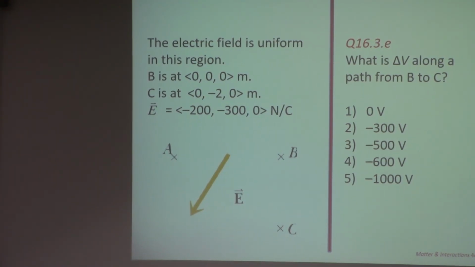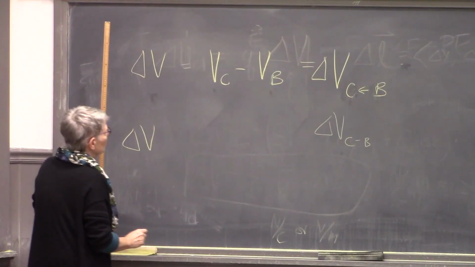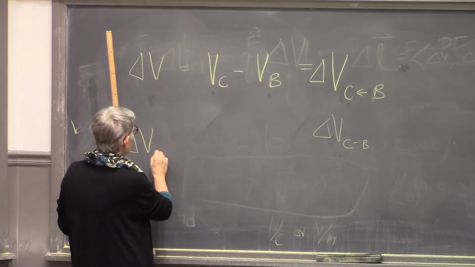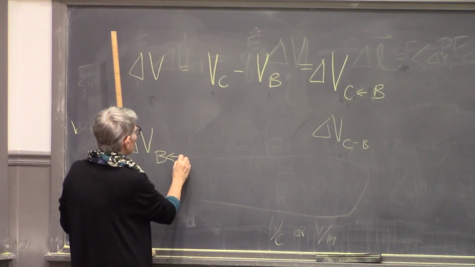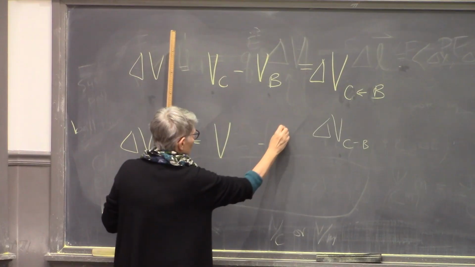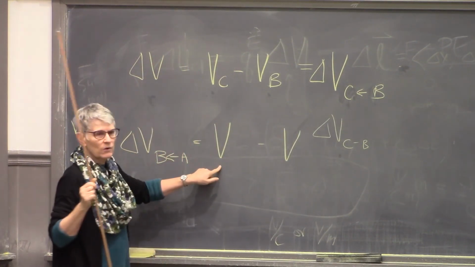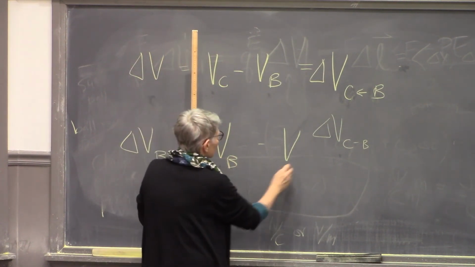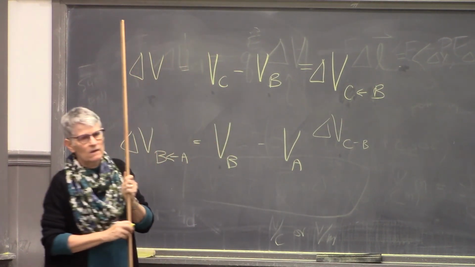So we'd have delta V, from A to B, so it's like that. And what do I write here? B here, A there. Okay.